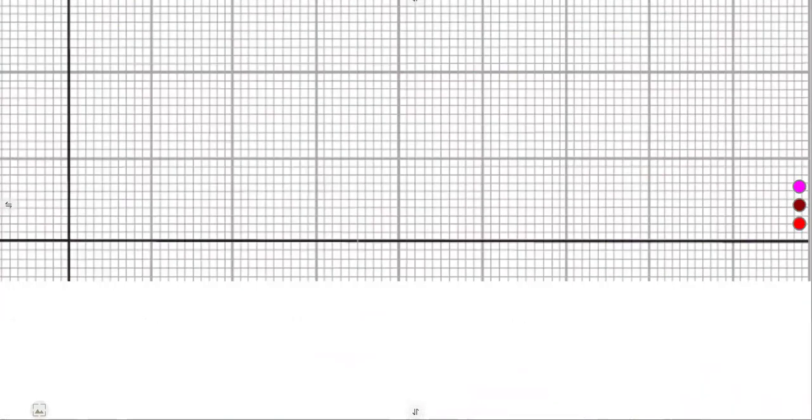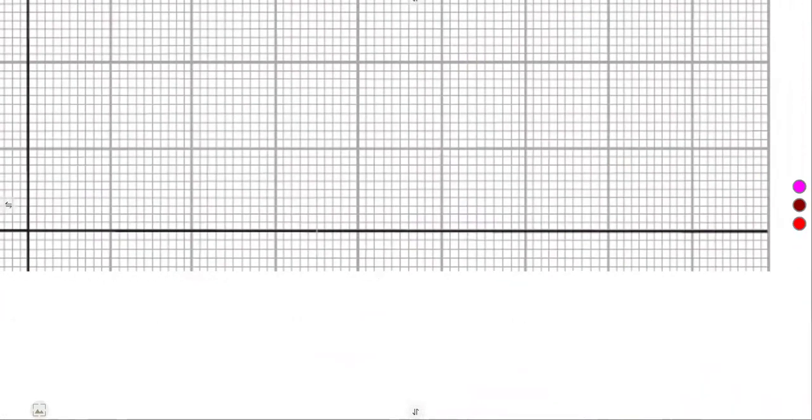Where 2 centimeters represent 1 unit. So if we are to represent this, this is our x-axis. From 0, we have 1, 2, 3, 4, 5, 6, 7, 8. 1 unit is 2 centimeters.